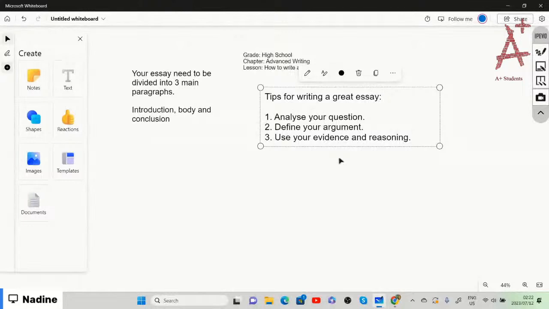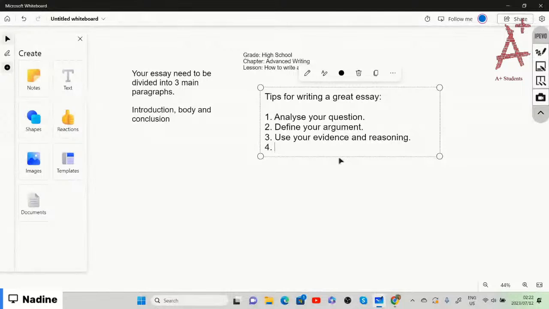So now you analyze your question, you define your argument, you get evidence to back up whatever you are going to tell us, not just your opinions. As much as you're going to tell us your reasoning, there also needs to be evidence, according to whoever, but you also give a bit about what you think that links with whatever the evidence states.